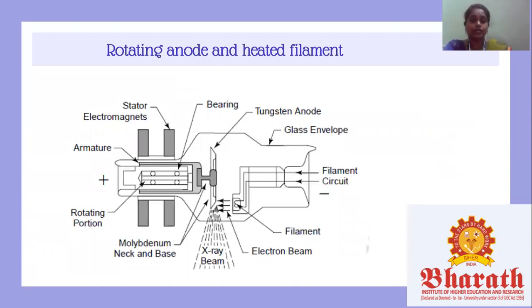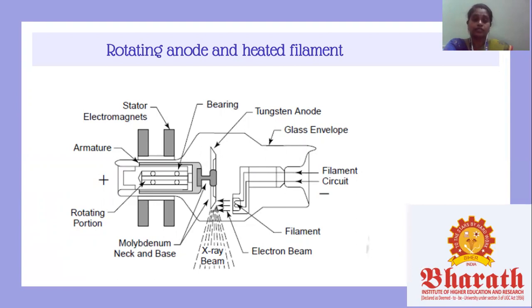Next we can see about the anode, rotating anode and heating filament. The anode is designed as a bevel disc which is attached to the rotor, and the filament is a coil of wound tungsten which is used here.